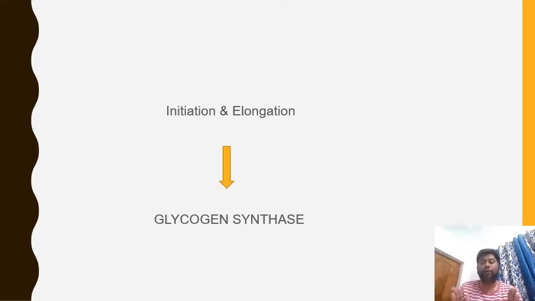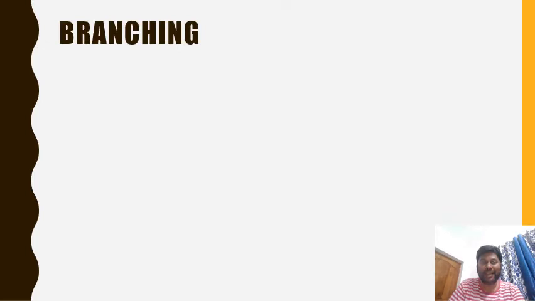So that's it about elongation. Initiation over and elongation over. How long will this elongation continue? Glycogen synthase will elongate the chain up to 11 or 12 residues. After 11 or 12 residues of glucose are attached, it will move on to the next phase called the branching phase.